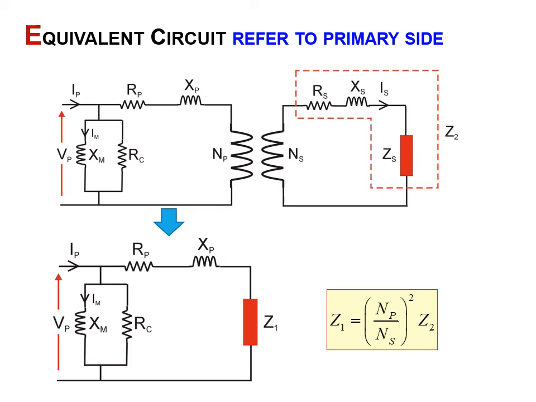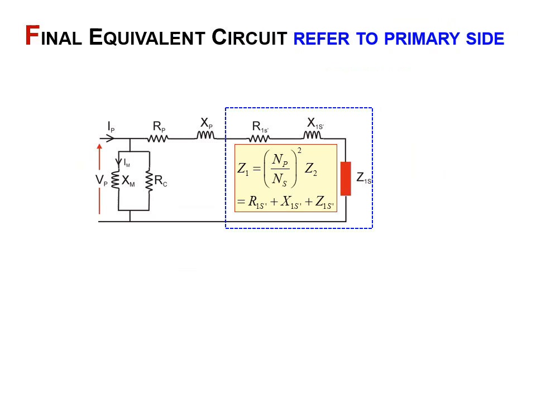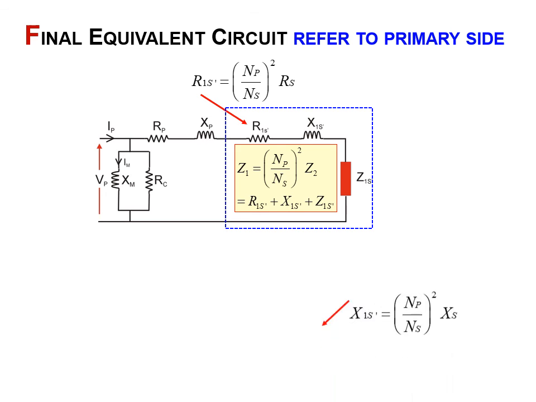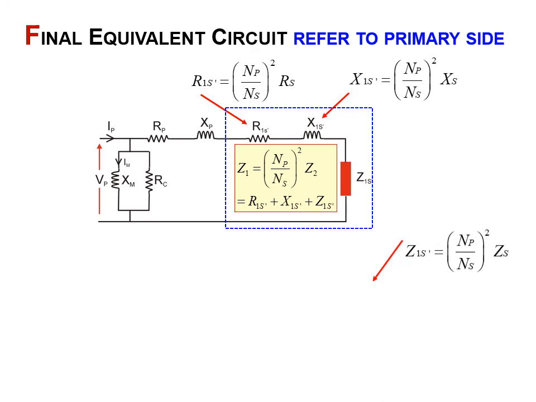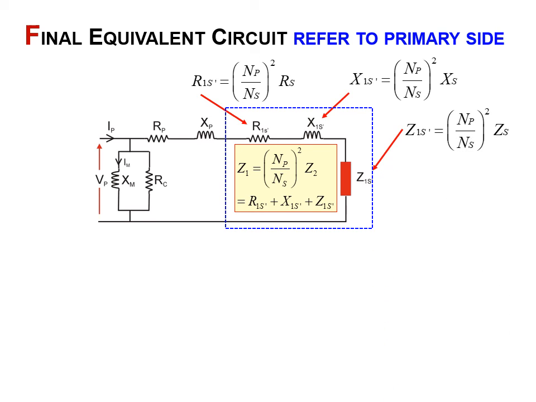We lump all those elements together and call it Z2, and we can move them over to the primary side. Using the turns ratio squared, we can move all these components over to the primary side and generate a simple equivalent circuit without a transformer.